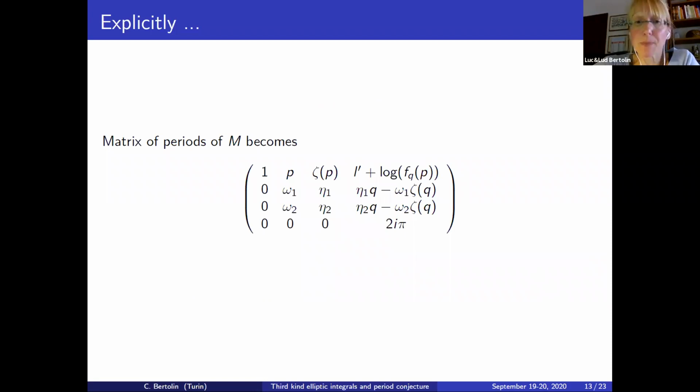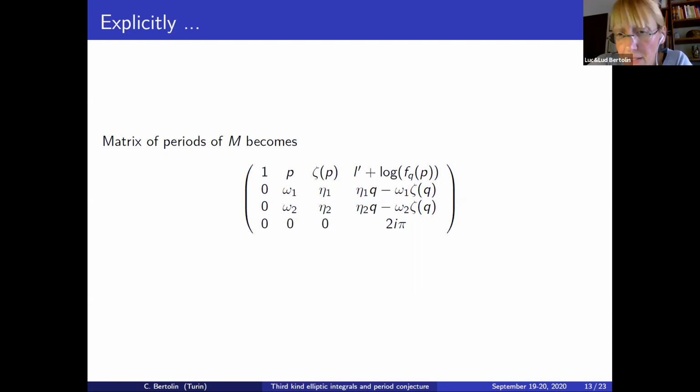Now, explicitly, if we compute all the other integrals, in fact they are written in the literature, so they are not new. So the periods of M are 1, P, theta P, L prime plus log FQP, omega 1, eta 1, omega 2, eta 2, which are very famous periods. Eta 1 Q minus omega 1 CQ, eta 2 Q minus omega 2 CQ, and 2 pi I.